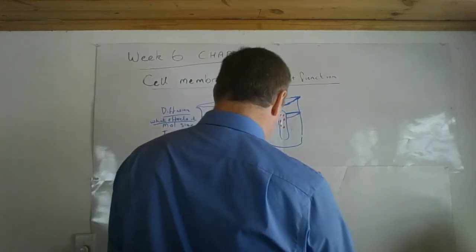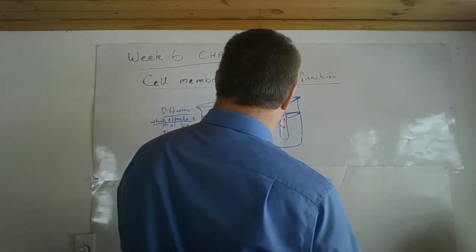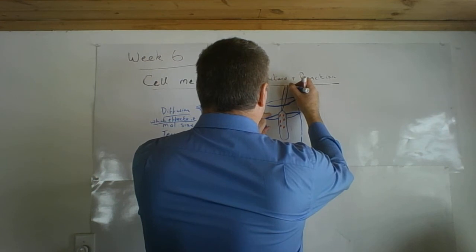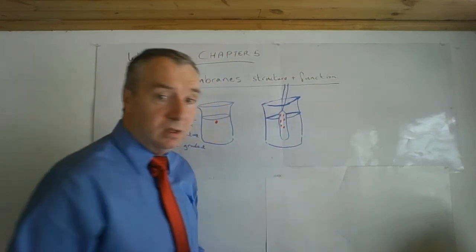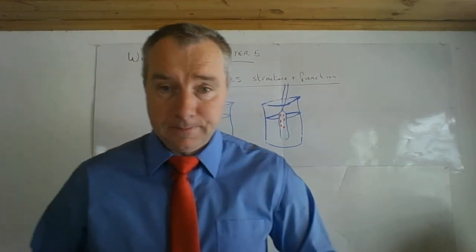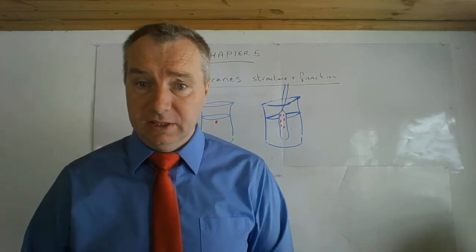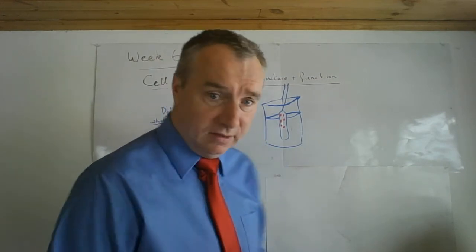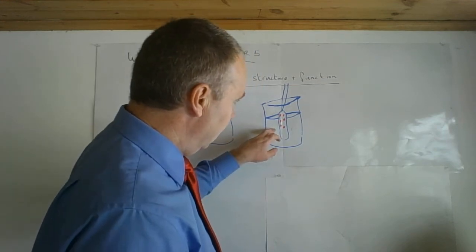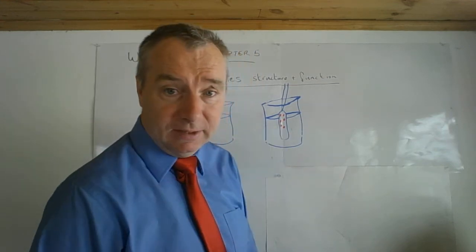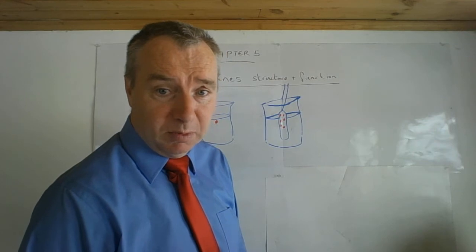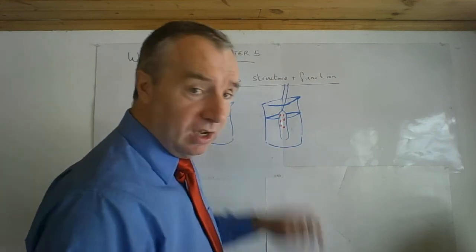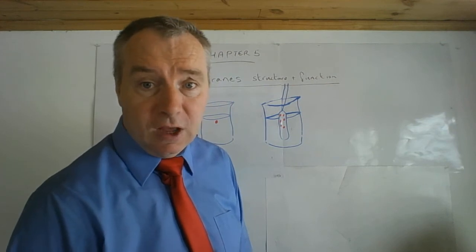And let's say attached to our semi-permeable bag we have a pipette or something like that. We would see water movement from the water into the bag, the semi-permeable bag, because the water will want to move to an area of higher concentration.